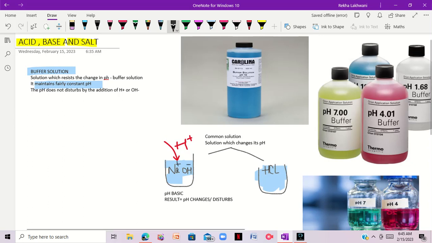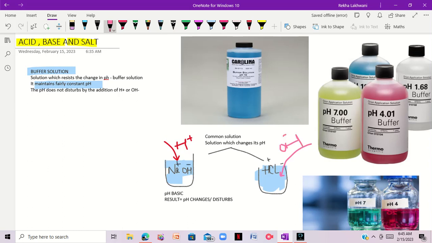So let's put into this H positive and chloride negative ions. Now what if I add some, let's say, OH ions? Let's add some OH ions into this. OH represents what basically? OH represents basic, alkaline character.